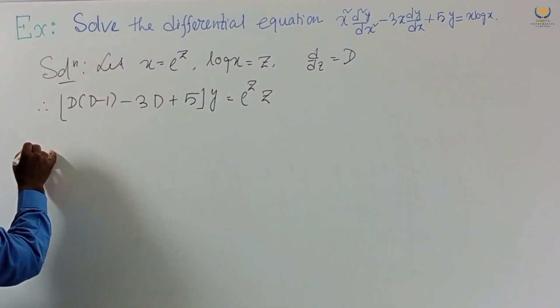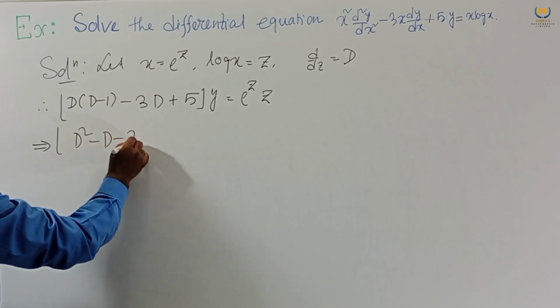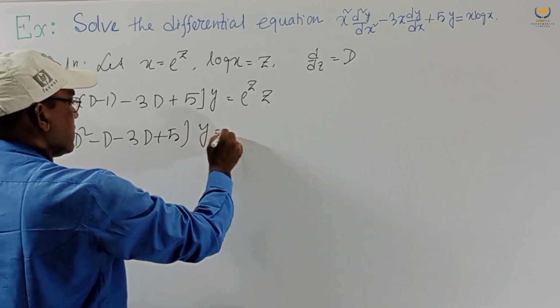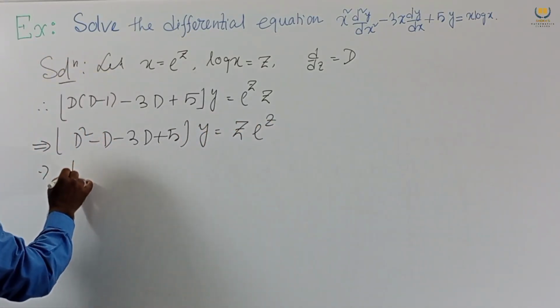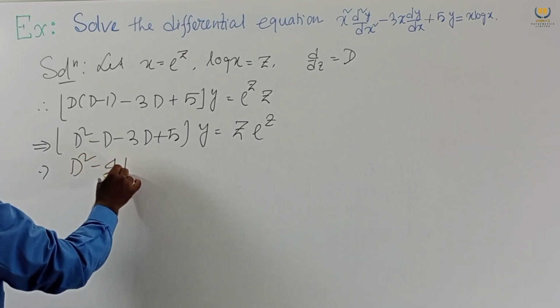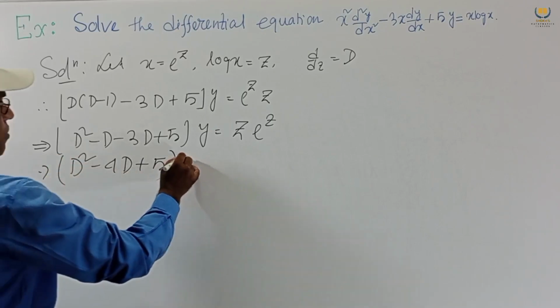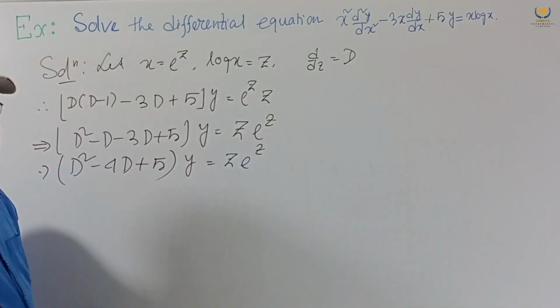We get this. Now multiplying out, D squared minus D minus 3D plus 5, y equal to z e to the power z. This is D squared minus 4D plus 5, y equal to z e to the power z.